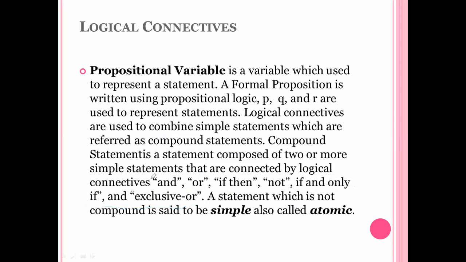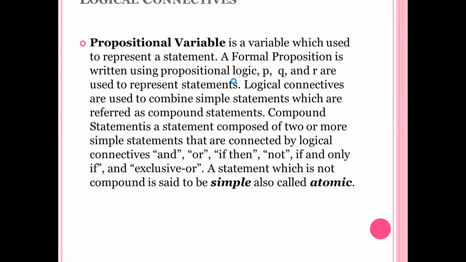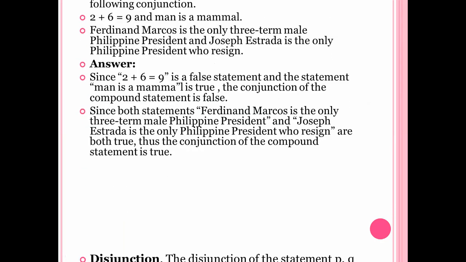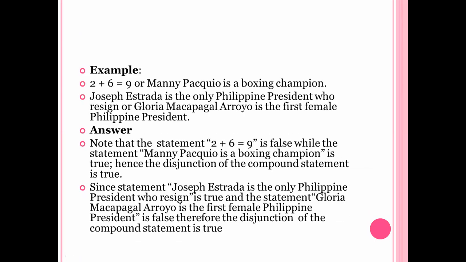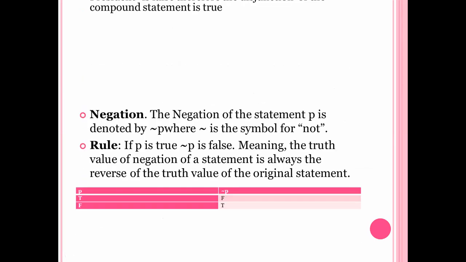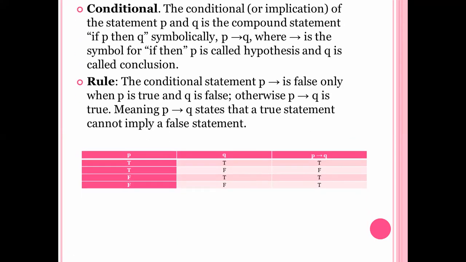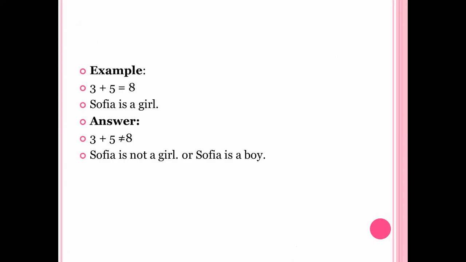So before proceeding to our discussion na yung mga variables natin or connectives natin like the conjunction, we also have disjunction and also negation. So and conditional. So ito yung mga logical connectives natin.